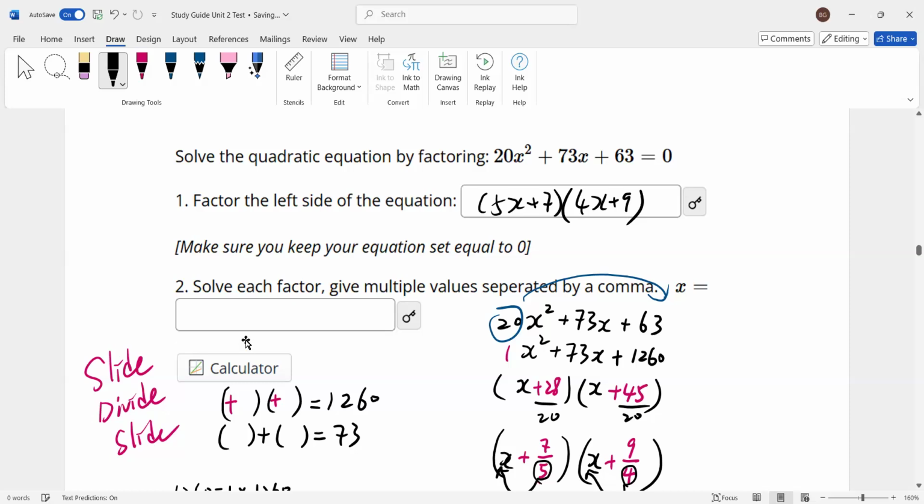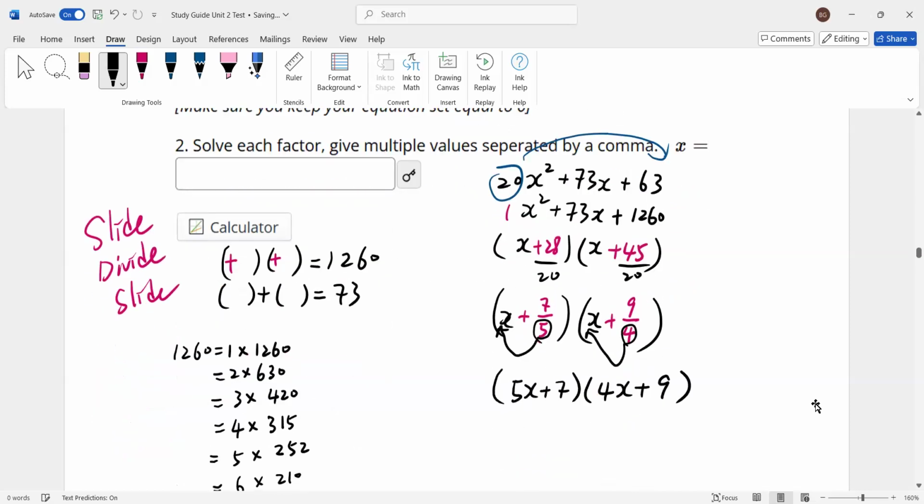And solve each factor, give multiple values separated by comma. So now we need to know the result, right? Actually, we only need to look at this part. Let me rewrite that part. That part is x plus 7 over 5. And the second part is x plus 9 over 4.